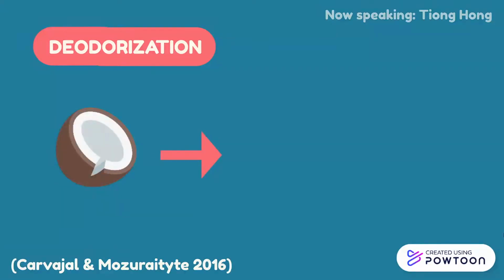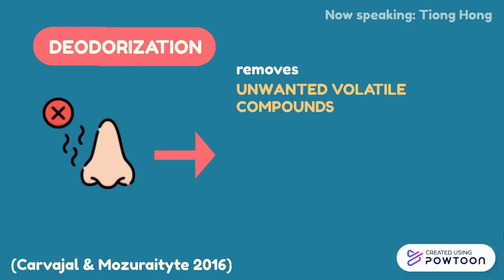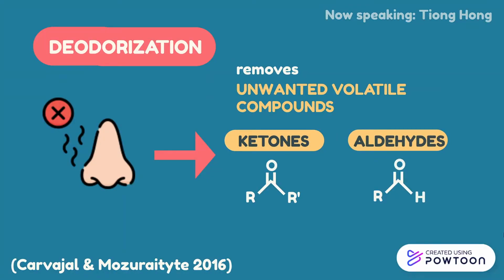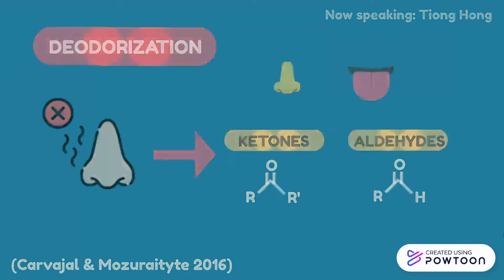Deodorization is a physical process to remove as much as possible of the unwanted volatile compounds. For example, secondary oxidation products such as aldehydes, ketones, etc. They are responsible for the unwanted odor and taste of the oil.